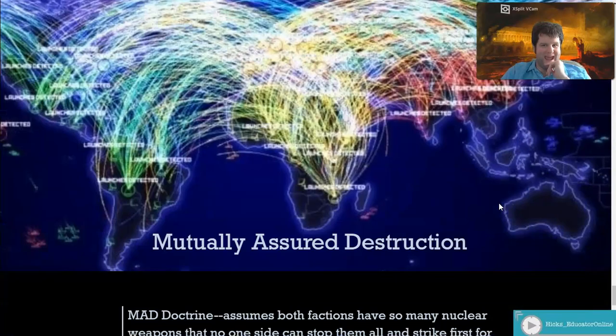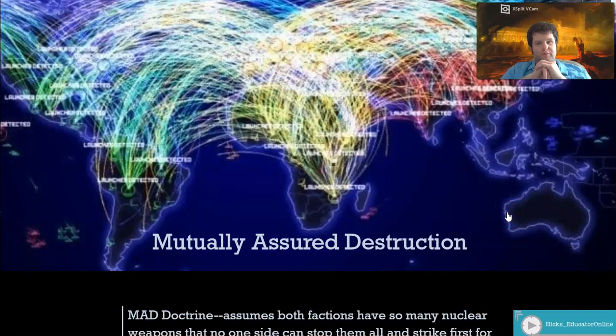Let's talk about MAD. Mutually Assured Destruction. As the Cold War progresses, the Soviet Union and the United States reach a point where if you launch nuclear missiles, say in trying to take out your opponent first, it will succeed, but they will launch their nukes in return.